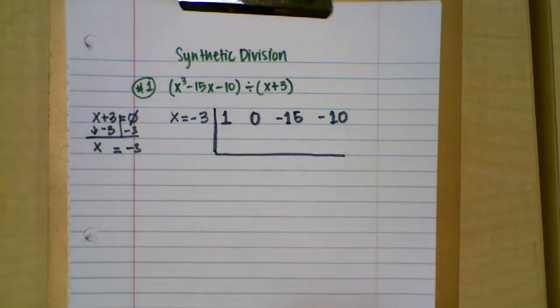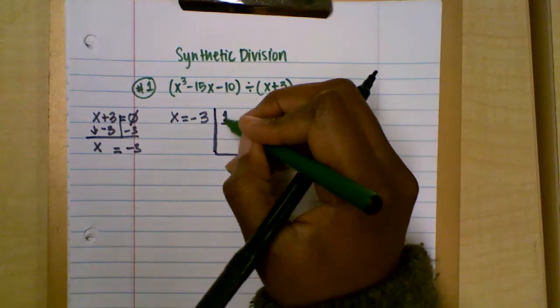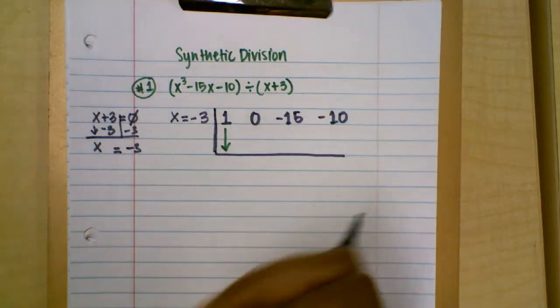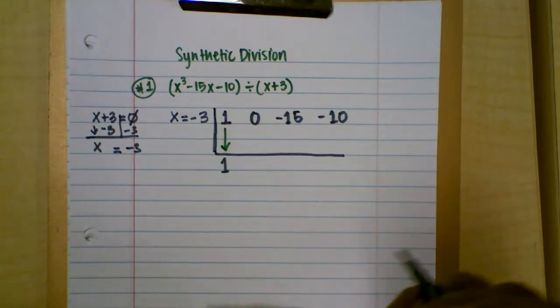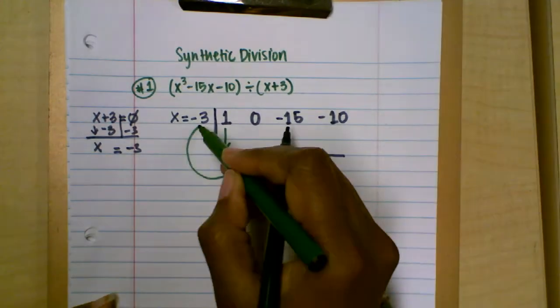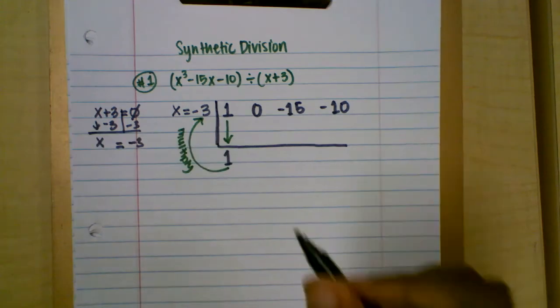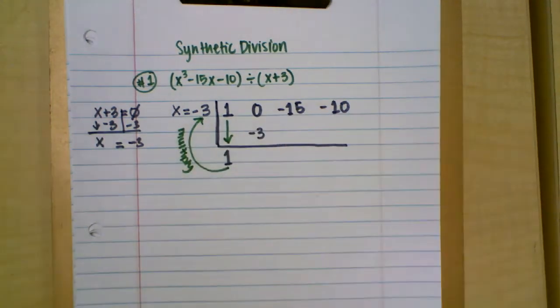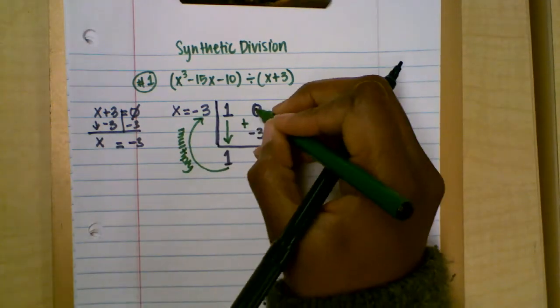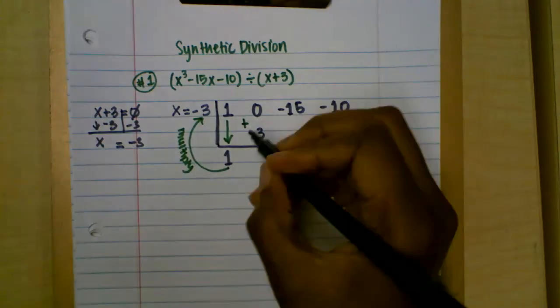When you do synthetic division, always bring down the first leading coefficient, so it's going to be 1. Then you take 1 and multiply it by negative 3. 1 multiplied by negative 3 is negative 3. Then you add 0 plus negative 3, which is negative 3.